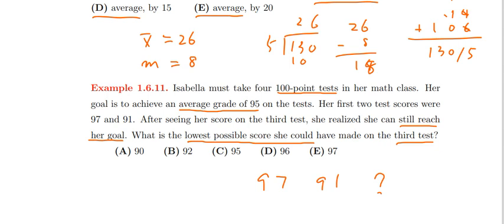Okay, so we just check. So here, possible lowest score. Those are just extreme situations: maximum, minimum, highest number or largest number or lowest number. So we just check. So in the best case, she just gets 100.